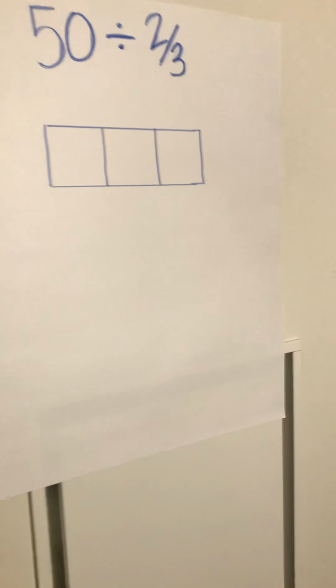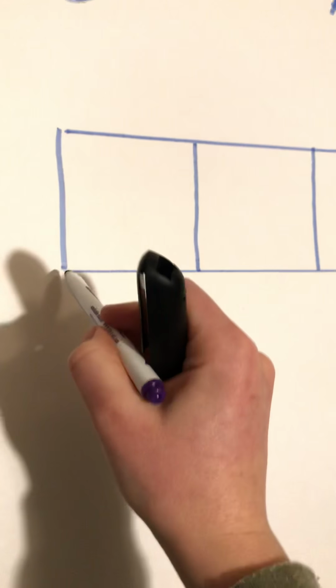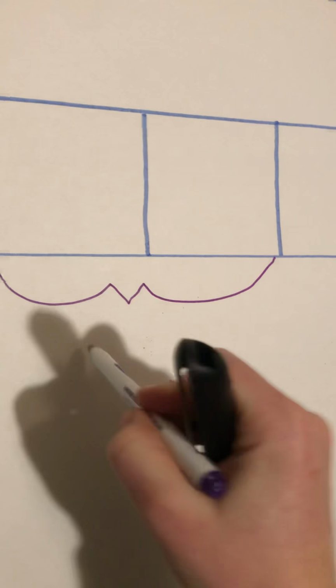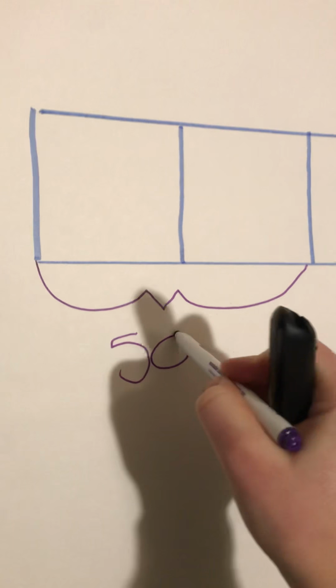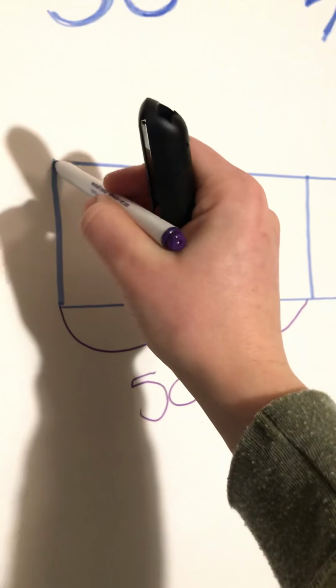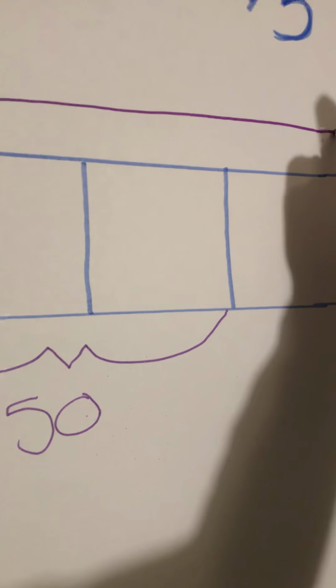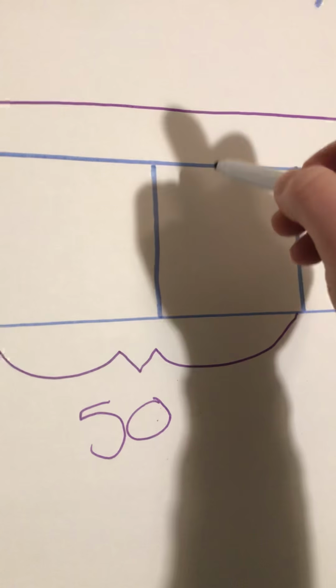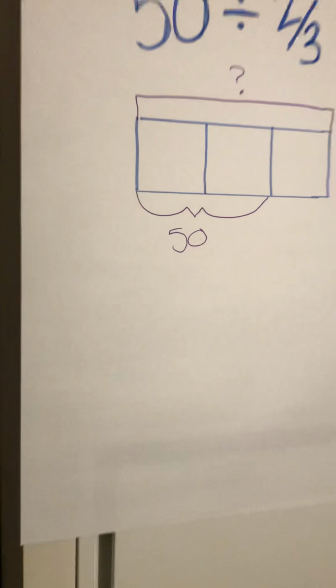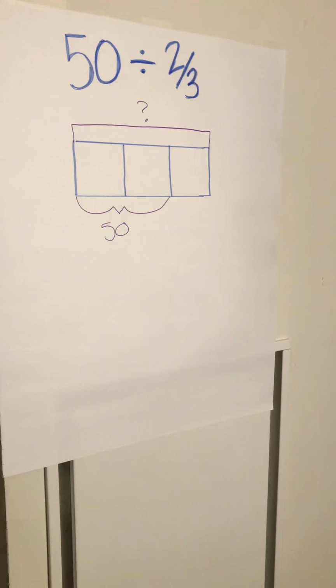So we're going to go ahead and write up there: 50 represents 2 of those 3 units, and what our quotient is going to tell us is how many we have in total. So right now we're going to leave that as a question mark. Okay, so now we have our model.